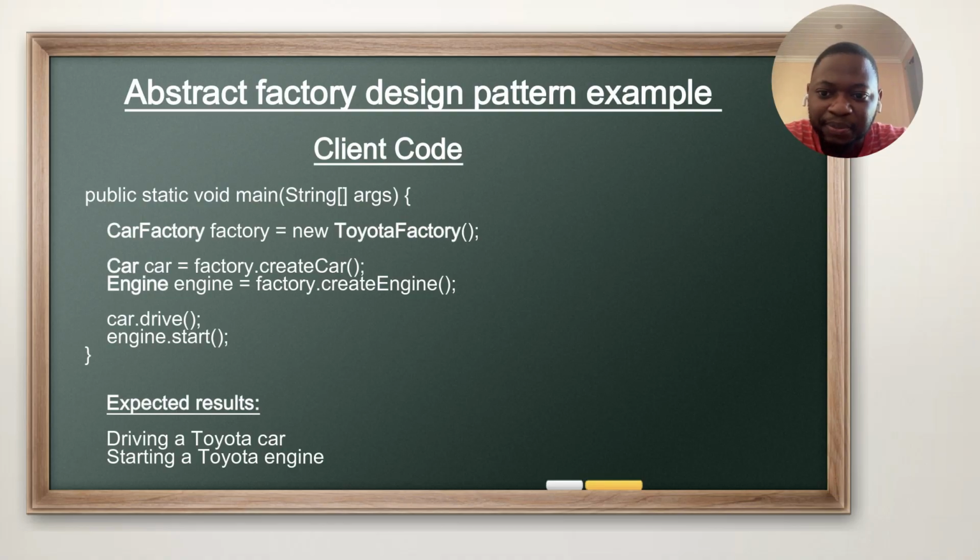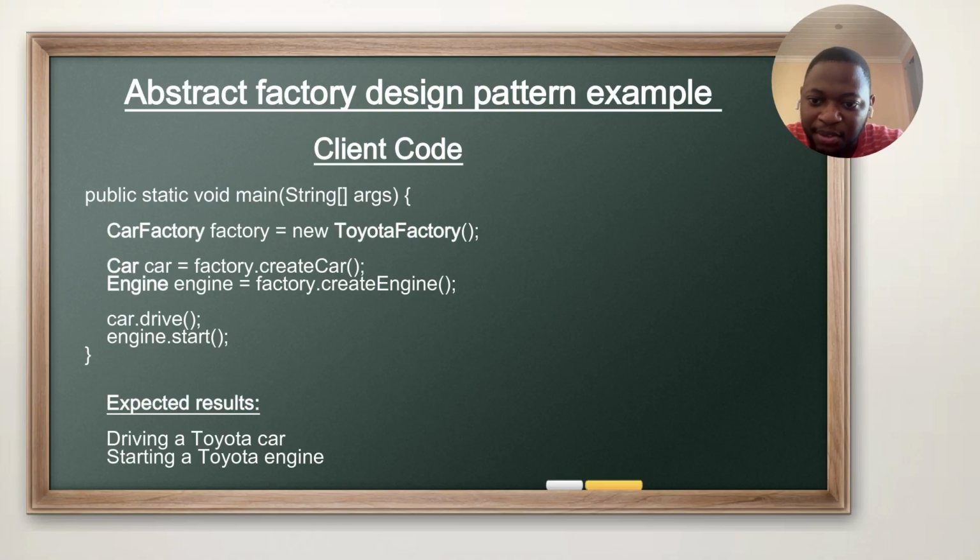Below that we invoke our create car method, and we will create our Toyota car object. Below that we have the create engine method invoked from the factory interface, and there we will just create our Toyota engine object.